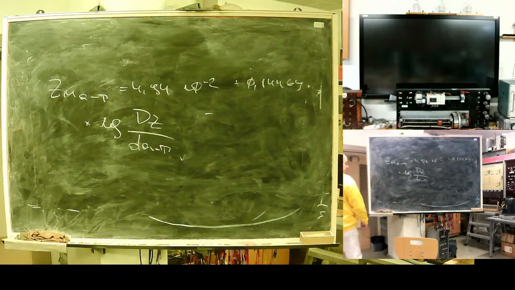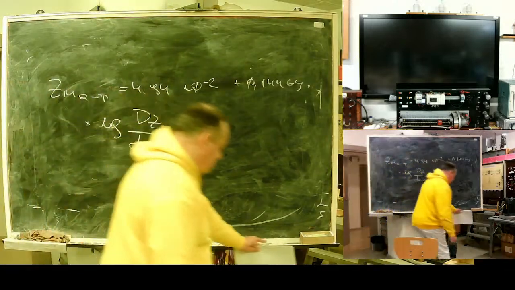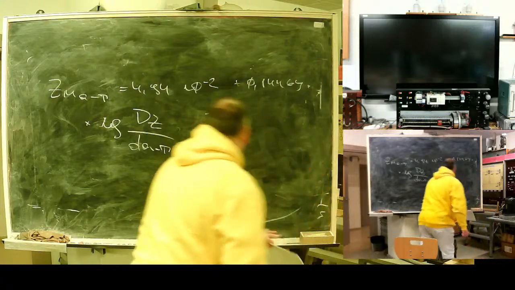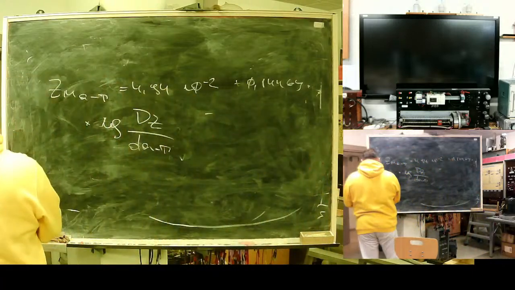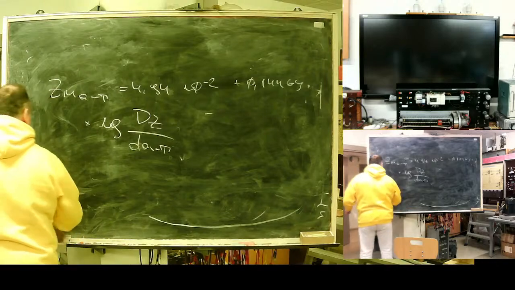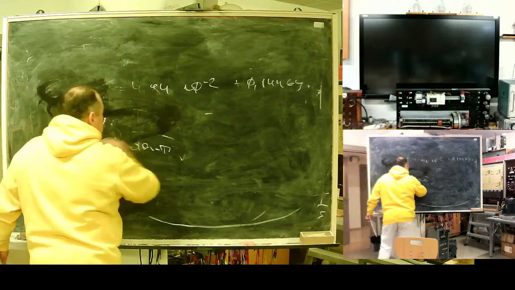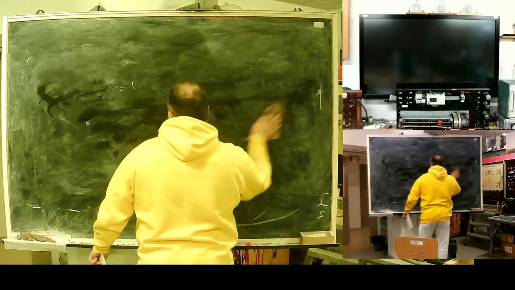It's the distance between A-phase wire and protective cable. Same, of course, for B and C, and for a full cycle of transposition for the whole line.